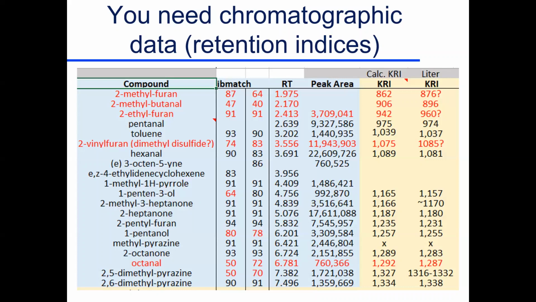This is a nice temperature program to run on the GC. You get time on this axis, and intensity here. So intensity, this would be, for example, the 7 hydrocarbon, the 8 hydrocarbon. Oops, is that backwards?